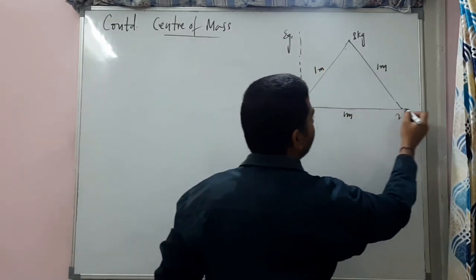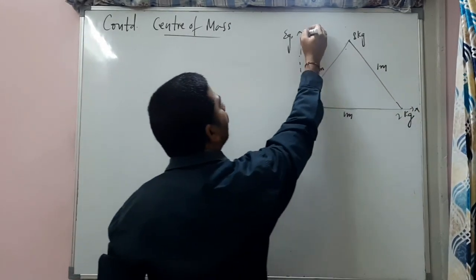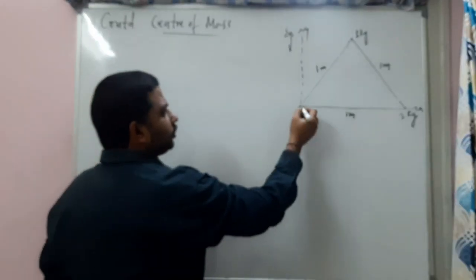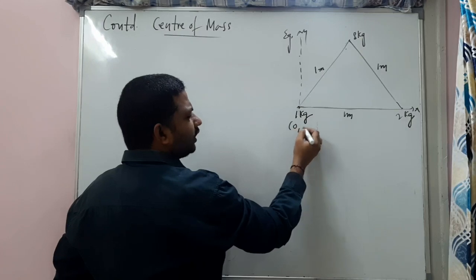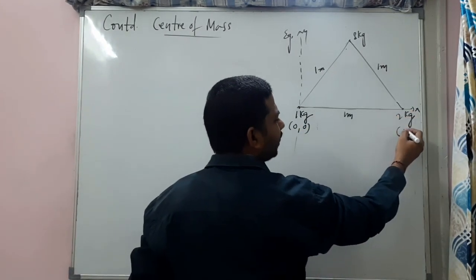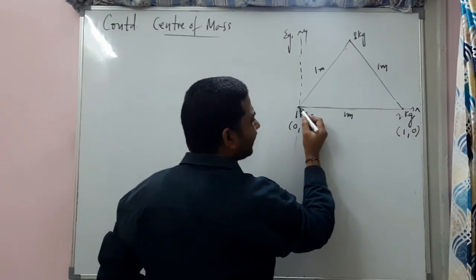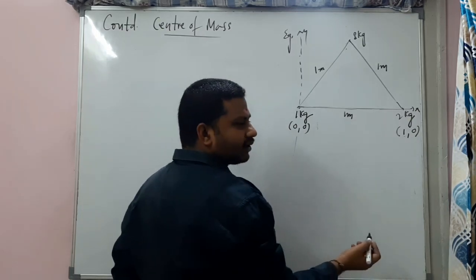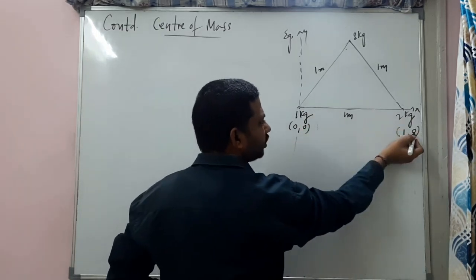So this is my x-axis and this is my y-axis. This mass is at the coordinate 0 comma 0, and this mass is at the coordinates 1 comma 0, because from the origin along the x-axis this mass is at 1 meter, and along the y-axis it is at 0 meters.